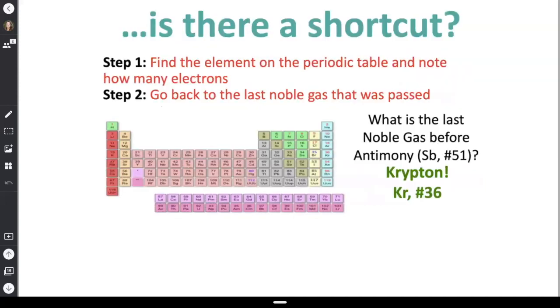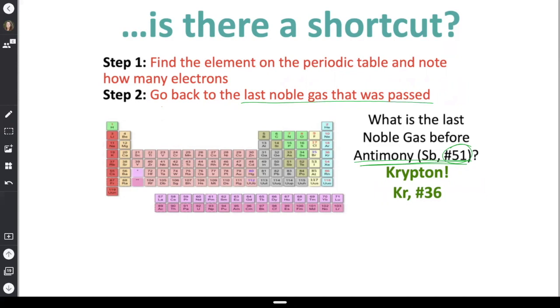So as you're doing this, step one is to find the element that you're looking at and note how many electrons. So we were looking at antimony, which is number 51, and we said it has 51 electrons. And then step two tells us to go back to the last noble gas that we passed.